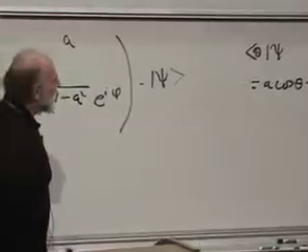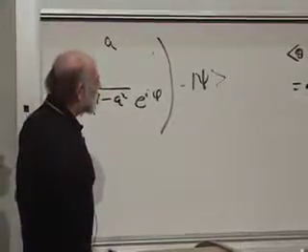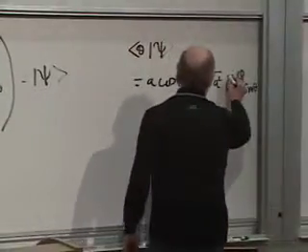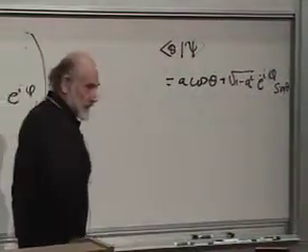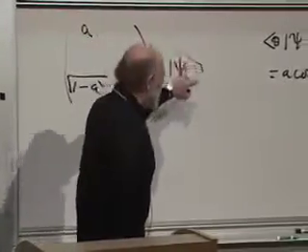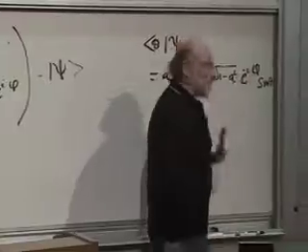Do I have it right? Doesn't one of them have to be conjugated? One of them should be conjugated. Good. e to the minus i phi. This is not yet the probability. Let's compute the probability. We multiply this by its complex conjugate.